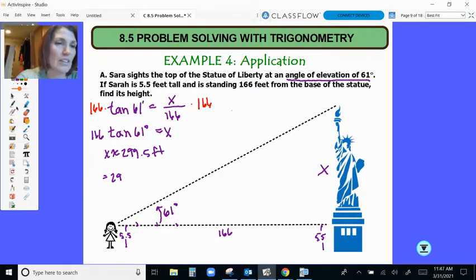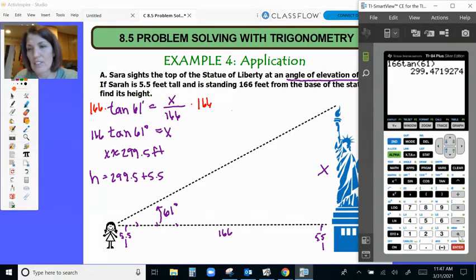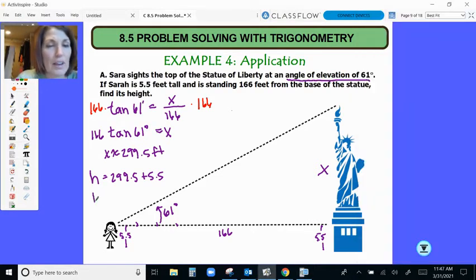So the height of my statue is 299.5 plus 5.5. We just add 5.5 onto it, and that gives us our total height, about 305 feet. So the height is approximately 305 feet for the Statue of Liberty.